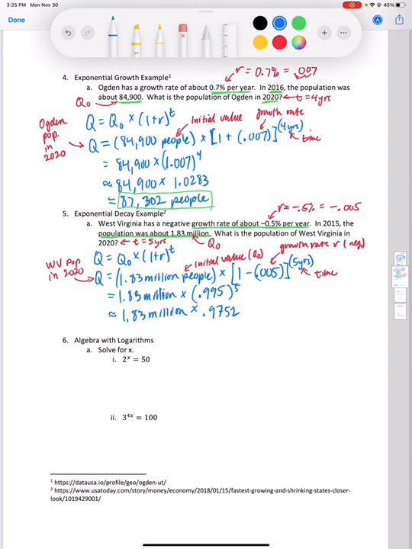And our next step is to go ahead and multiply those together. You get 1.7978 million people in West Virginia.